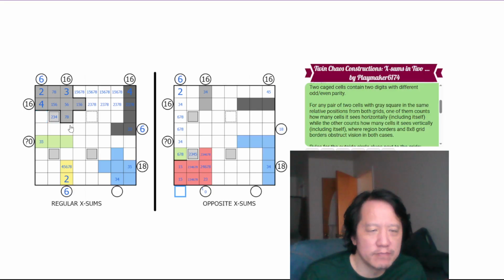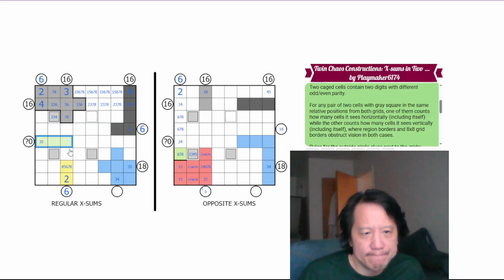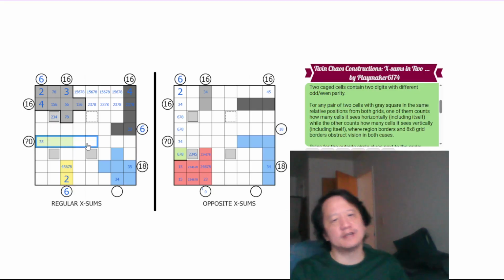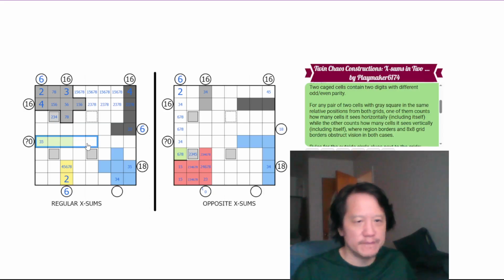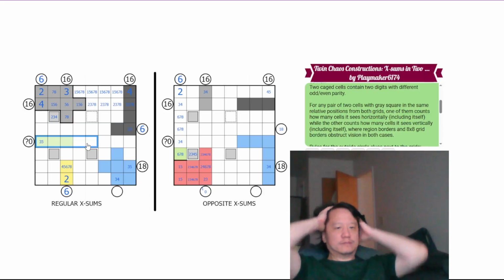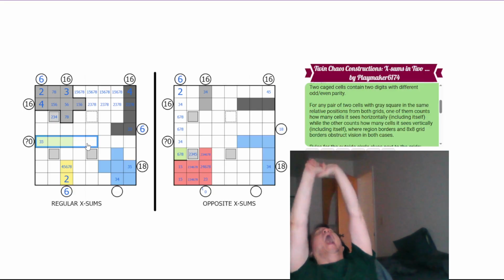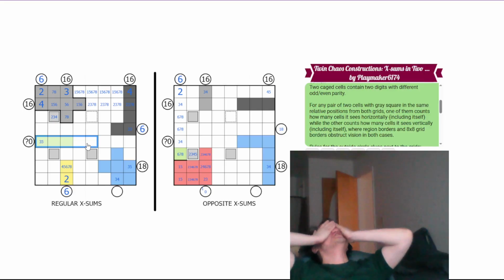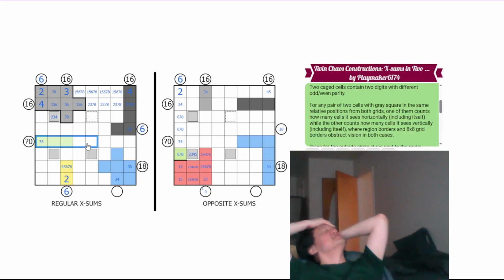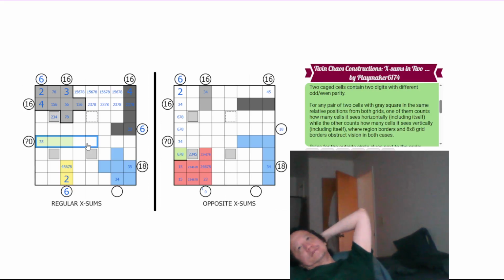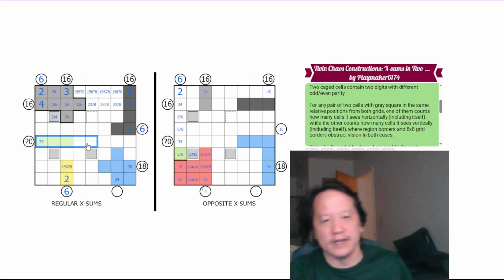I don't know why I randomly just gave a color there. So if this is 5, it has to be 20, right? Yeah, 5 unique digits can't add up to less than 15. If it's 3, then it's 10 here.